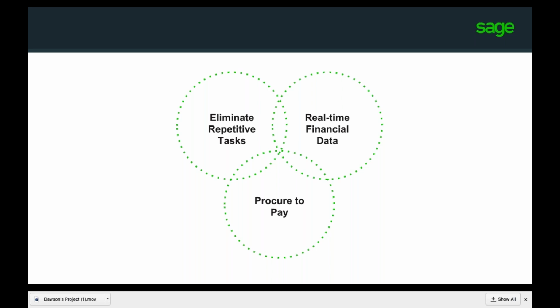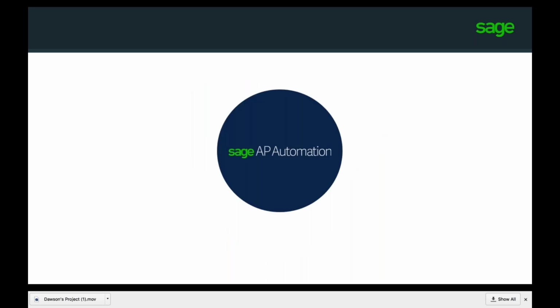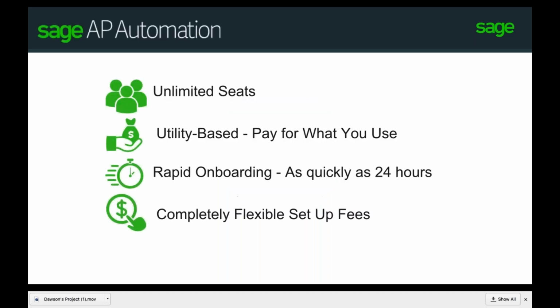So instead of having to go out and look for multiple solutions, you have one solution that provides all of that for you. They found that within Sage APA, which at the time was Beanworks, and then was relabeled as Sage AP Automation.